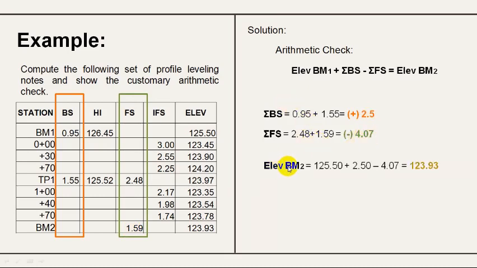The elevation of benchmark 2 is equal to 123.93, which is equal to our computed elevation of benchmark 2 a while ago. So this arithmetic check again will just give us the idea that our computed HI as well as the elevations are correct.